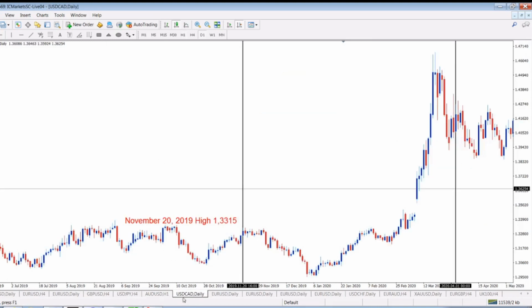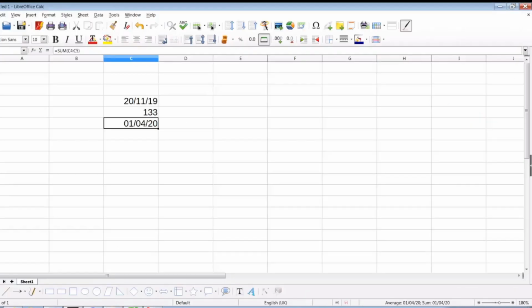And the last one, US dollar, on November 20th, 2019, made a high of 1.3315. What happened next? After 133 days, let me show you what happened. I added up 20th of November 2019 plus 133 days, which makes 1st of April 2020.